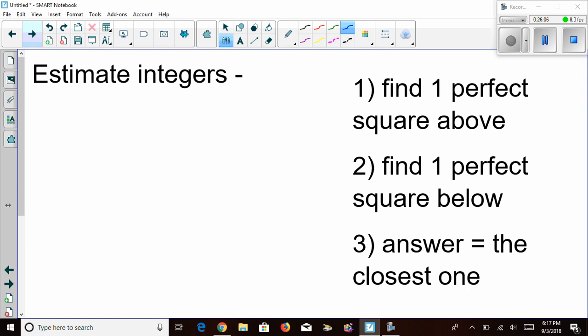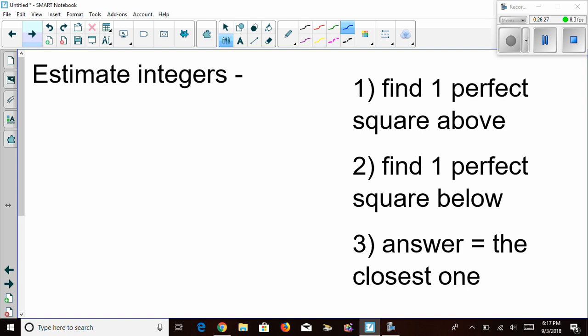Now, for our final piece, we're going to talk about estimating roots. This is going to be for if I'm trying to find the square root of something that is not a perfect square, we're going to estimate about where the answer should go.